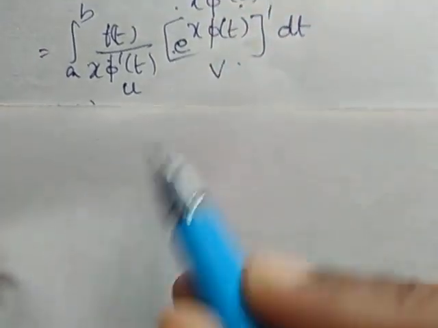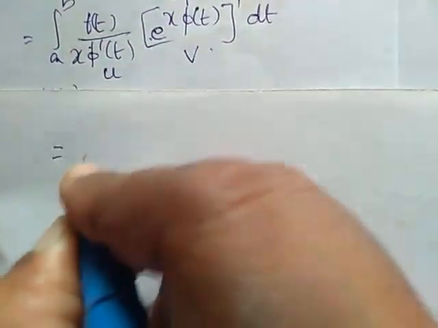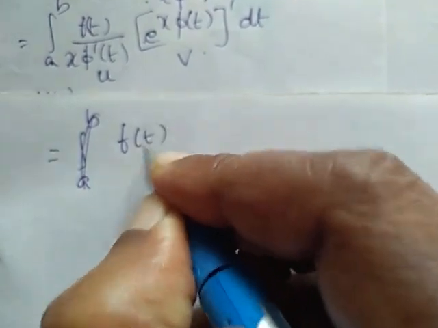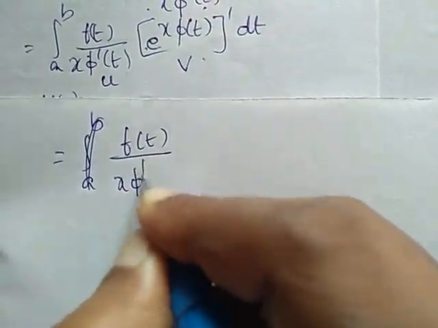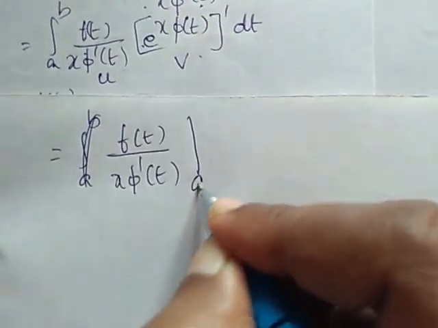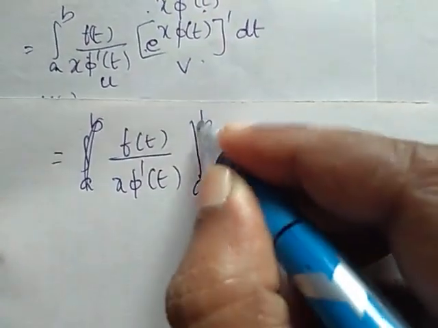So what is our integration by parts? Now we have the integral from a to b, where u is f of t by x into phi dash of t. I'll write again.